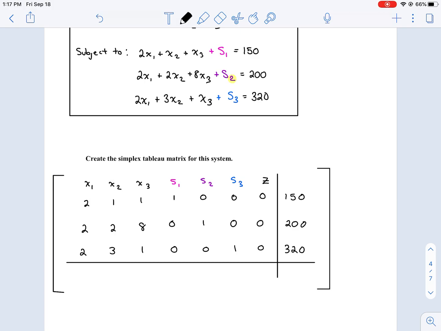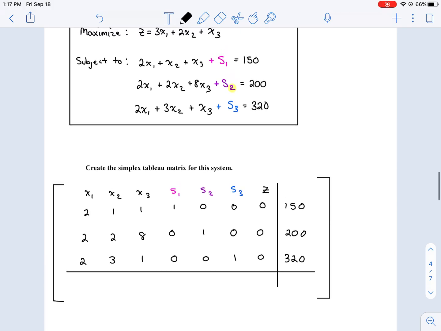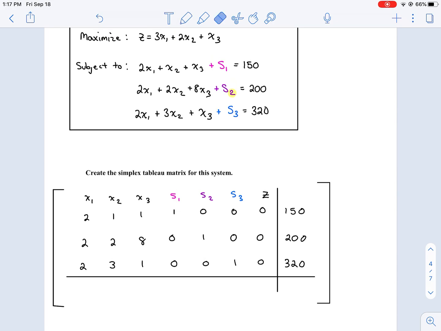Okay, so notice that in the simplex tableau matrix, all of the variables are to the left, and then the constants are over here on the right.